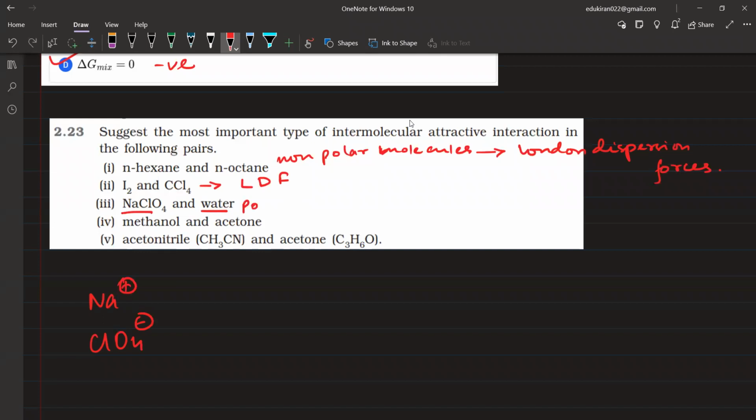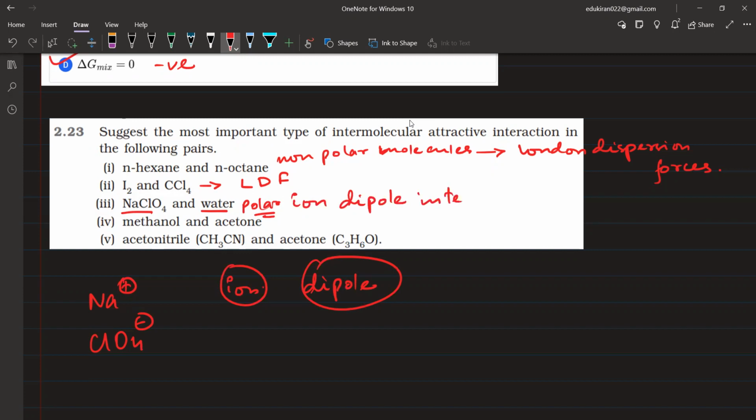Water is a polar molecule. ठीक है. अब यहाँ पे आपके पास what type of interaction will be there? एक आपके पास ion है and water is polar, that means it is a dipole. तो यहाँ पे you will have ion dipole interaction. Is right? Ion dipole interaction.